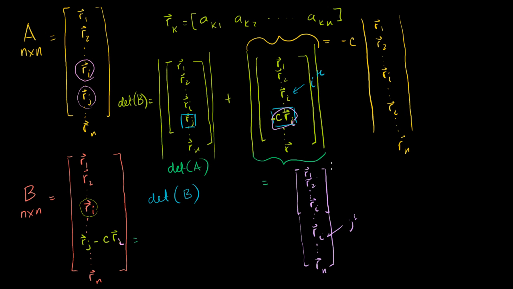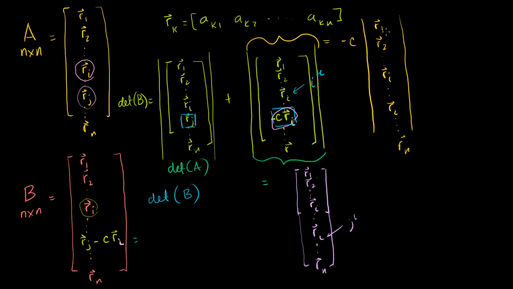This is just the determinant of this, with straight lines instead of brackets. And we saw this a couple of videos ago. If you multiply one of a matrix's rows by a scalar, in this case minus C, the determinant of that new matrix is equal to minus C times the determinant of your matrix. So that's all I'm saying right here.